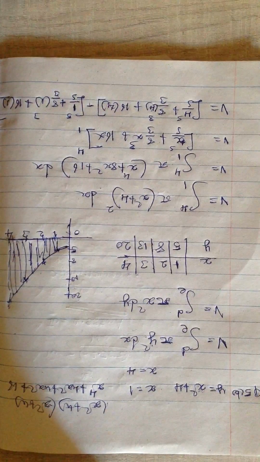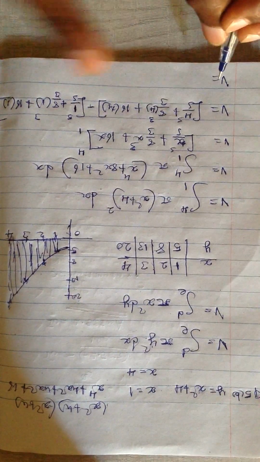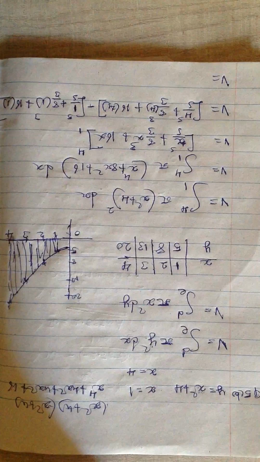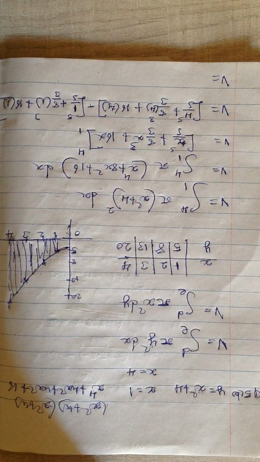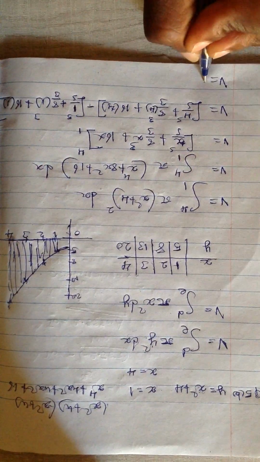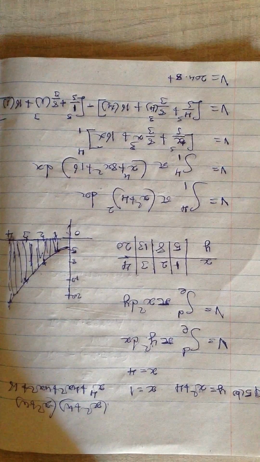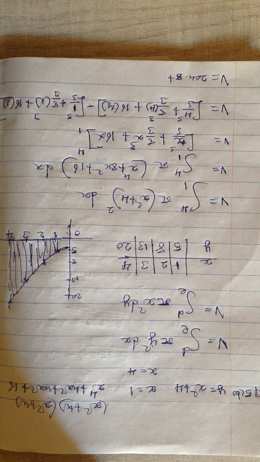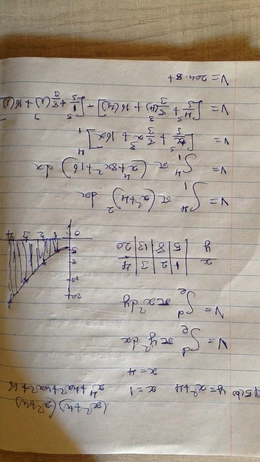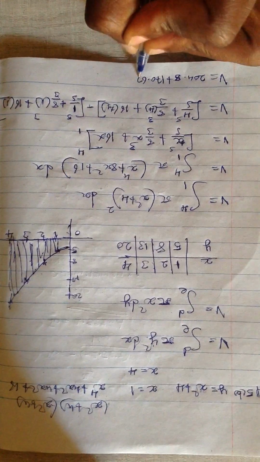We are done with this part. When you reach this part, what next? V equals to, so now on the calculator, what is 4 raised to power 5, you divide it by 5, you get 204.8. Plus, what is 4 cubed, that's 64, by 8, you get 512 divided by 3, you get 170.67.